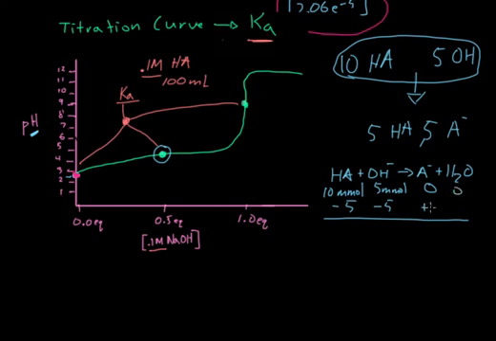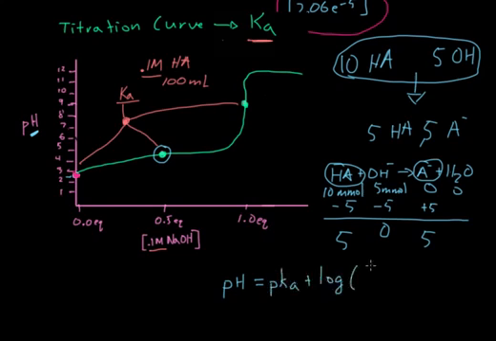We're going to generate plus 5 over here. So what we're left over with is 5 HA and 5 A minus. This is really nice, because from the Henderson-Hasselbalch equation, we know that pH equals pKa plus log A minus over HA.